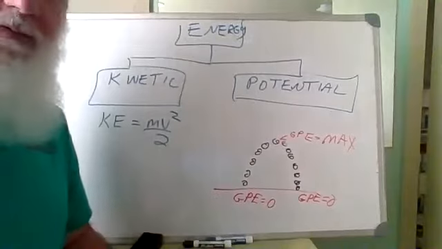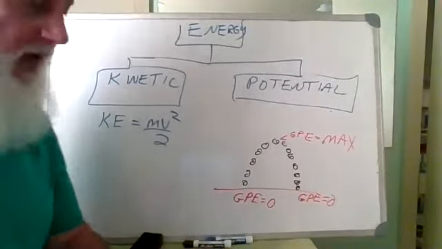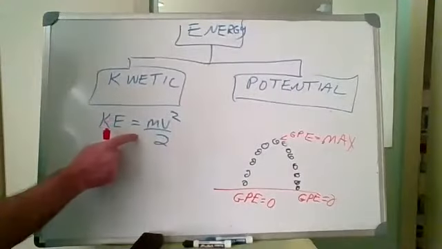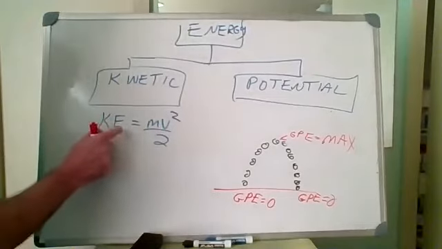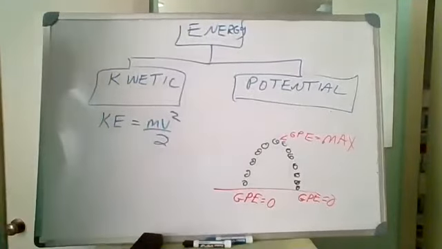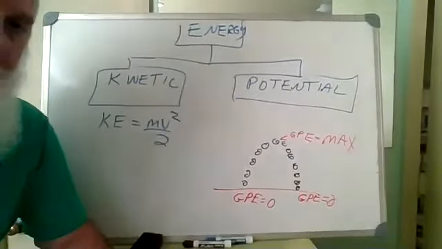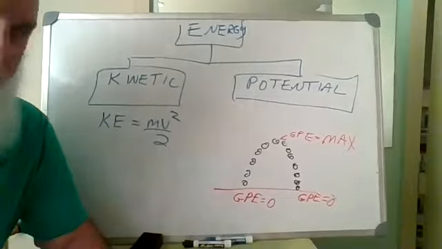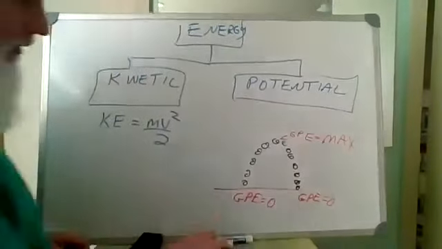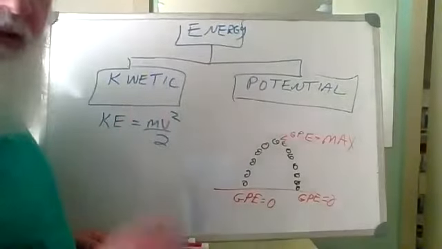Now, you throw this ball in the air, it comes back down. Where is the ball moving the fastest? In other words, where is V the biggest? That's like saying, where is the kinetic energy the biggest? Where's the velocity of the ball the greatest? Isn't it when you first released it? Yes, down here on the ground, because it moves slower and slower as it gets higher and higher.